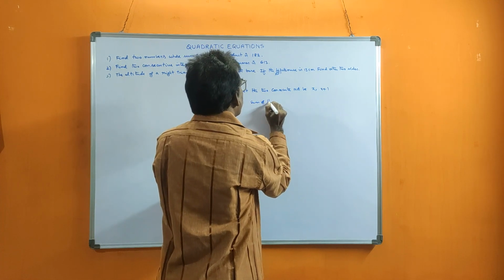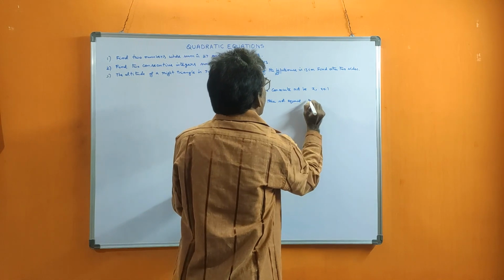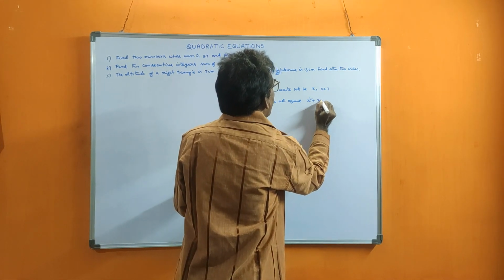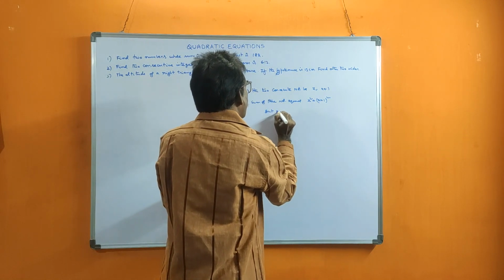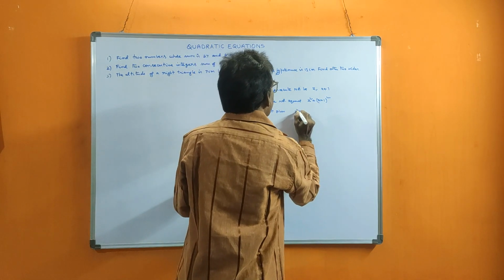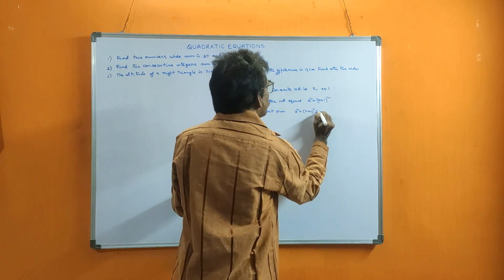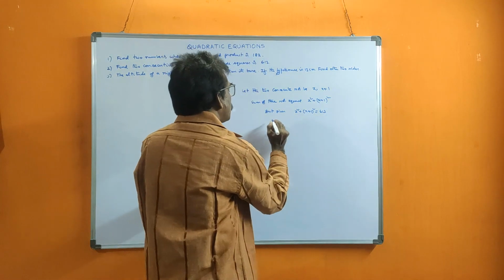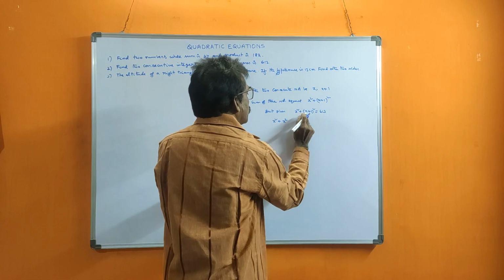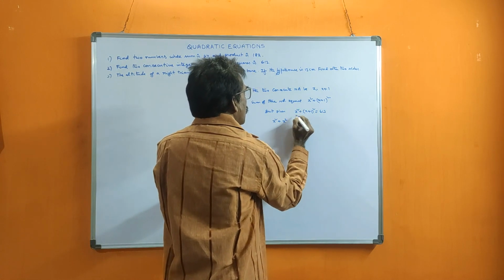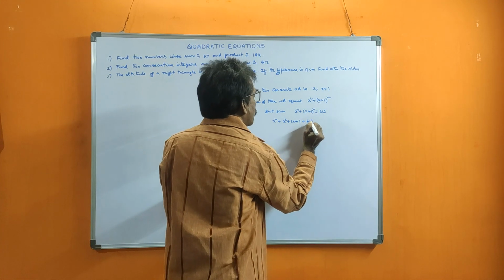Therefore the sum of these numbers' squares is x square plus (x plus 1) whole square. But given this sum of squares is equal to 613. So I expand this. This is the (a plus b) whole square form, so directly you can write a square plus 2ab plus b square: x square plus 2x plus 1 is equal to 613.